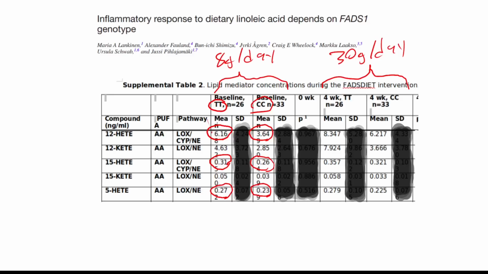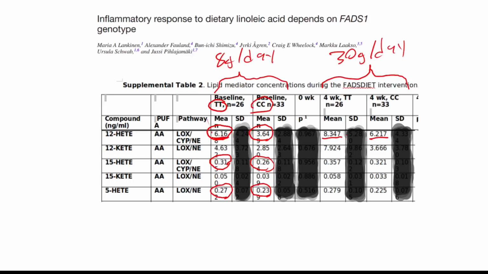So in 12, with the TT genetics, they go from 6.16 all the way up to 8.35. And so you see this very real increase in the amount of these oxidized PUFA as you increase PUFA consumption. And these people with the CC gene go from about 3.6 up to 6.2.